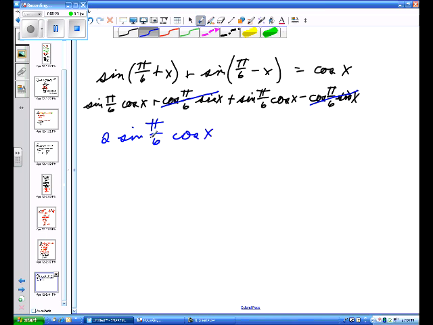Well, let's work this out. Pi over 6, our reference angle is 30, and the sine of 30 is 1/2 cosine x, and 2 times 1/2 is 1. And so it was just a matter of expanding it and then evaluating what our function was.